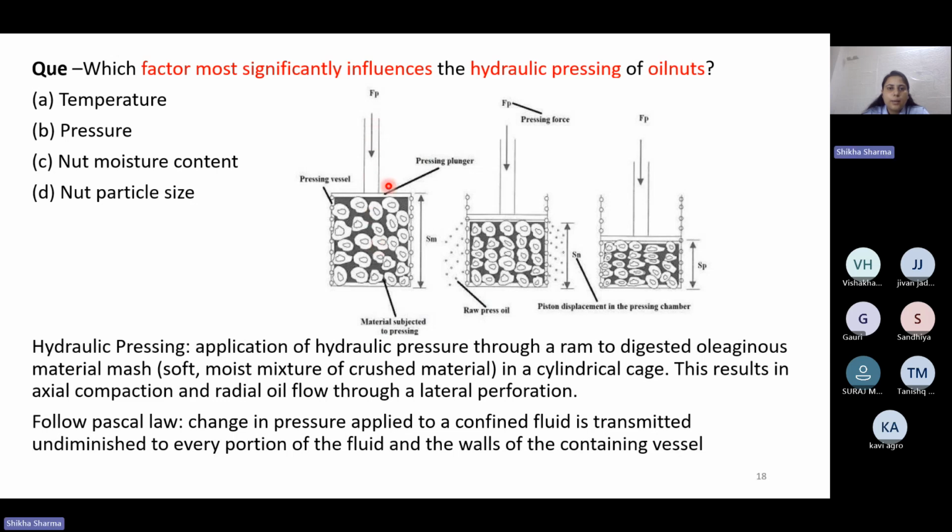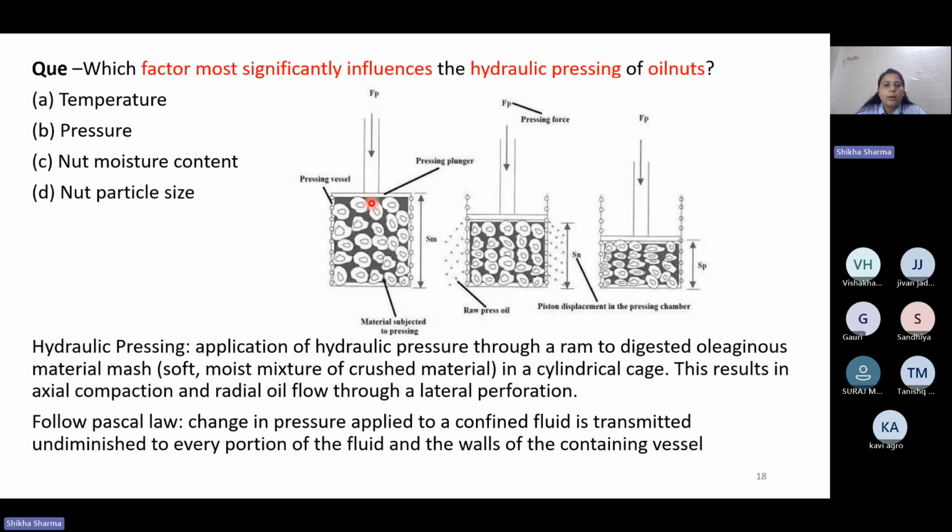Here is the ram. Hydraulic pressure will be applied through the ram to press oil-rich, oleaginous material mash. A mash can be a soft, moist mixture of crushed material, like slightly moist or coarse powder kind of oil seeds or oil nuts.